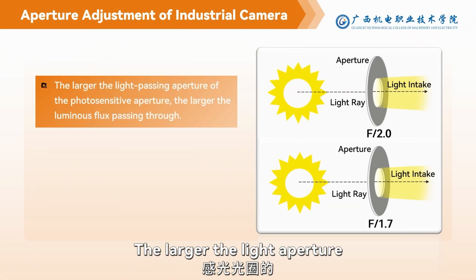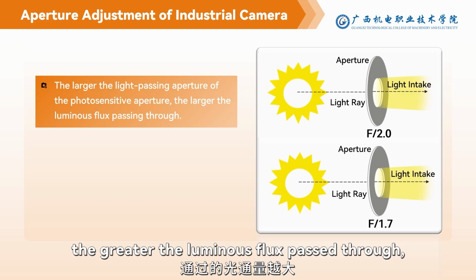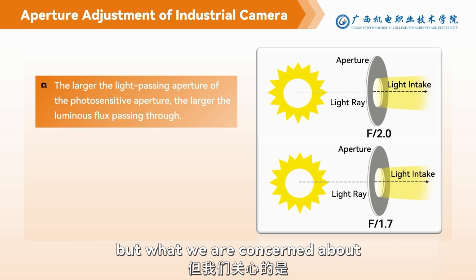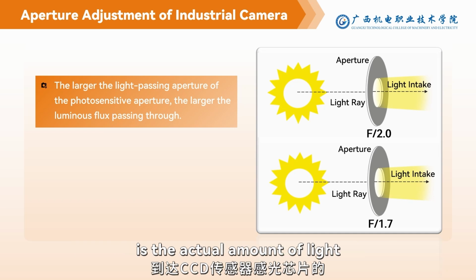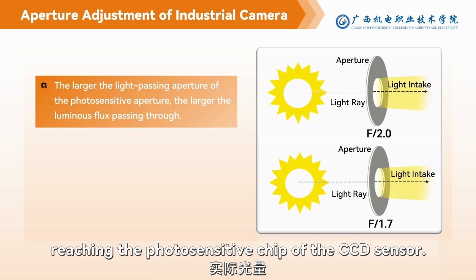The larger the aperture, the greater the luminous flux passed through. But what we are concerned about is the actual amount of light reaching the photosensitive chip of the CCD sensor.